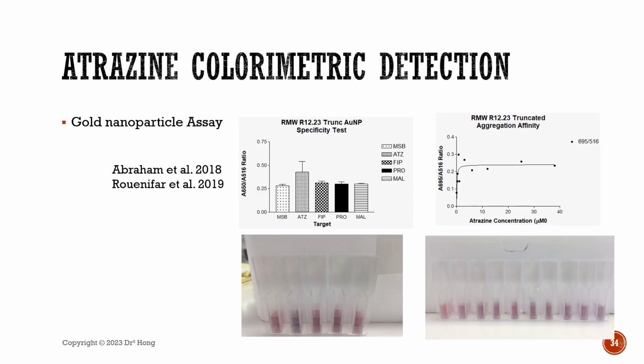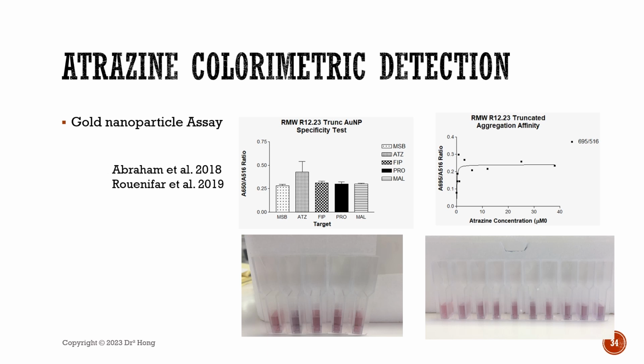I mentioned moving into using gold nanoparticles for detection of toxins, and here are some examples that I published more recently, in 2018 and 2019, showing how to use aptamers against atrazine incorporated with gold nanoparticles to detect atrazine in water samples.